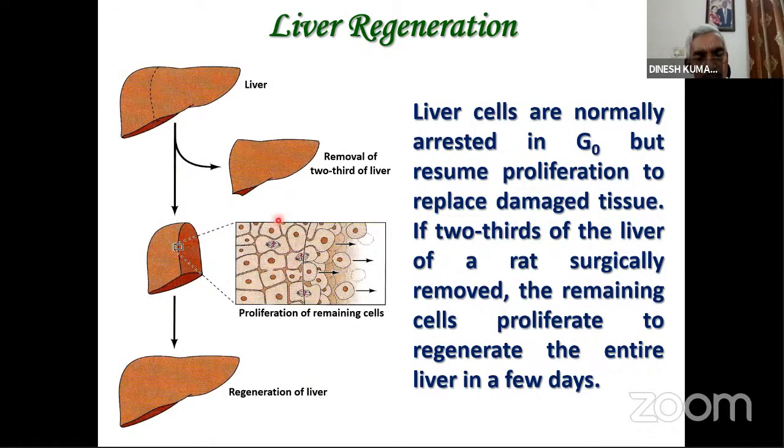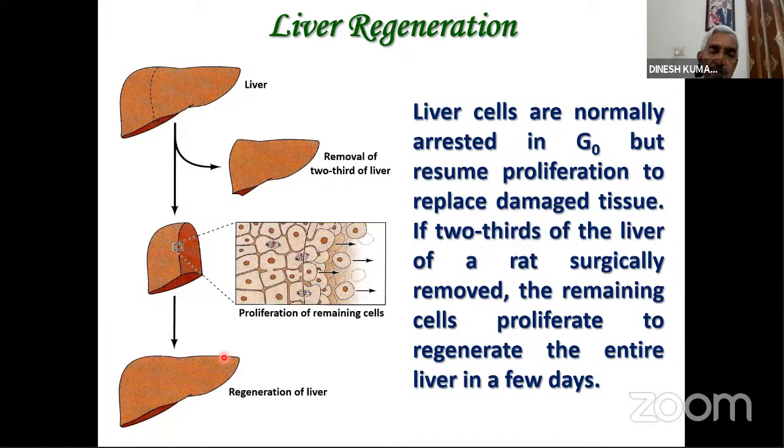There is proliferation of cells, and that liver within 14-15 days maintains the whole size. So in this way, in blood capillaries and liver cells, the maintenance of cells is done by the simple duplication process.